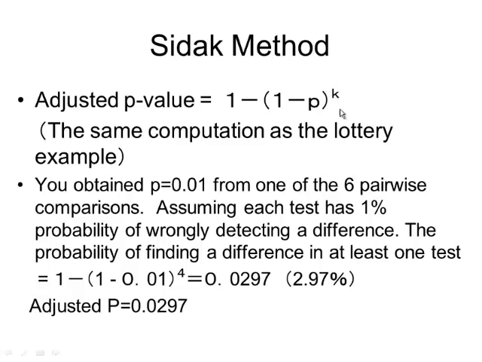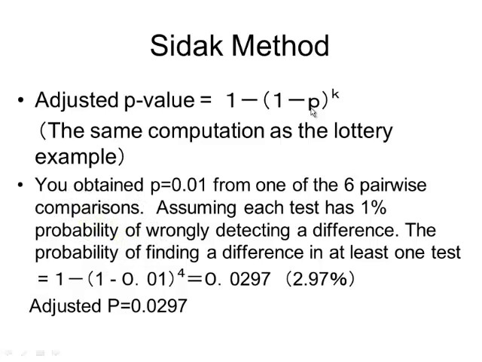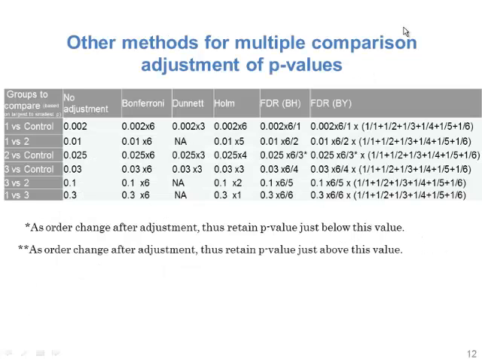You compute this formula out, and then the adjusted p-value becomes 0.0297. And you can do this for other p-values. If another p-value among those 6 comparisons is 0.3, you just plug 0.3 here, and k remains 6, and you compute it out. So that's easy. And there are also many other methods.